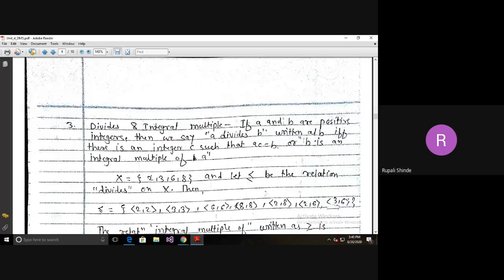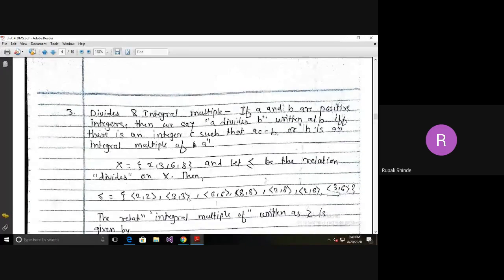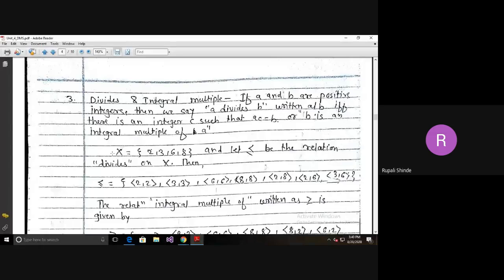Now how can we apply this divides relation on any set? Consider set X, which consists of 4 elements 2, 3, 6, 8, and this partially ordered relation is the divides relation.